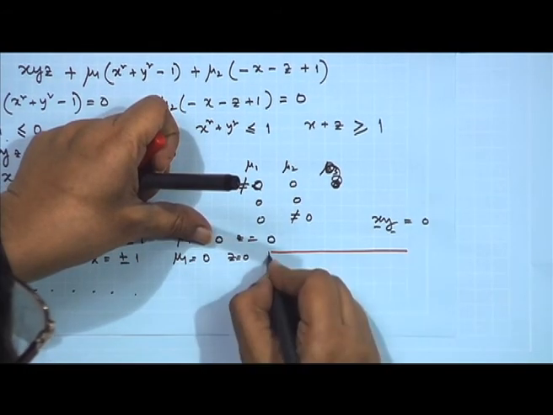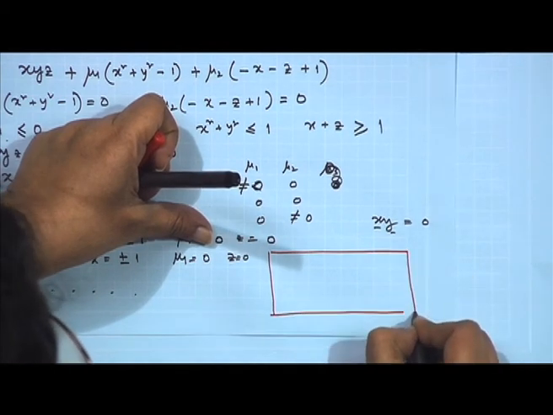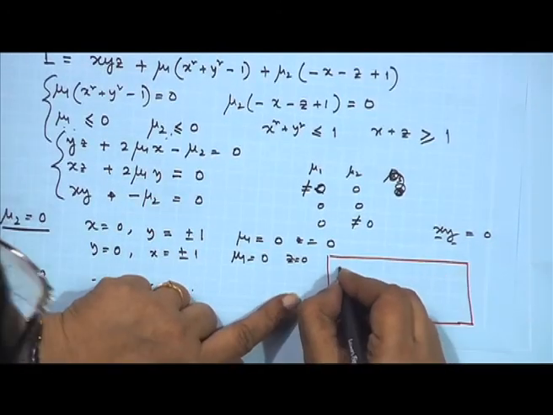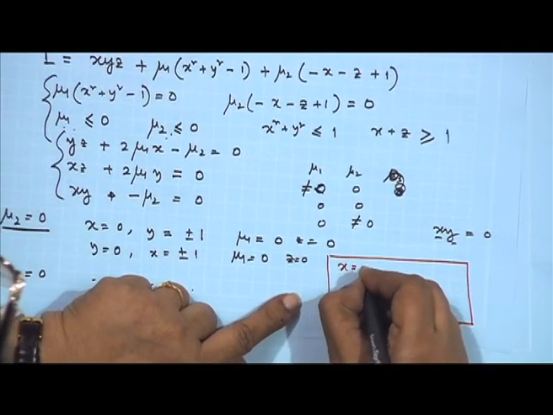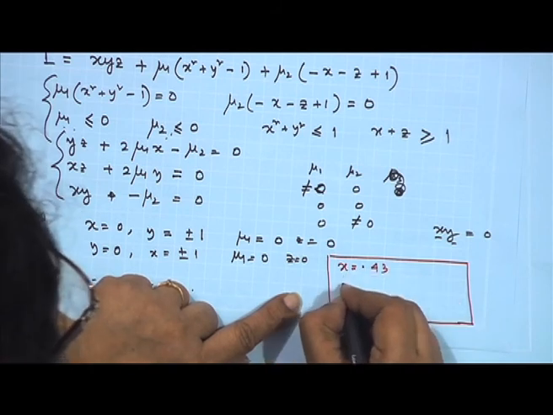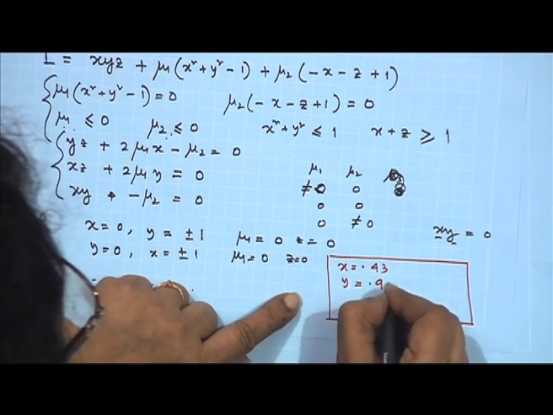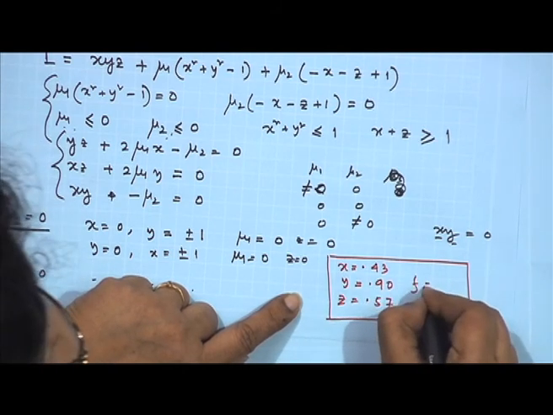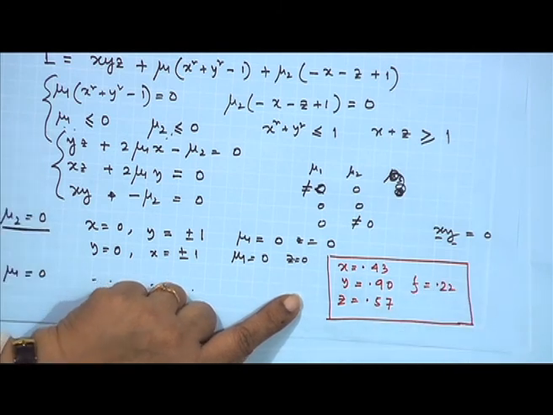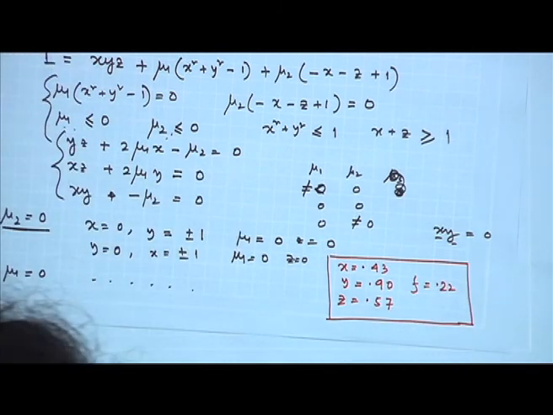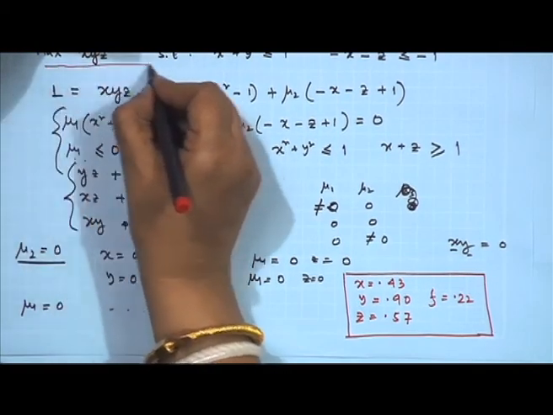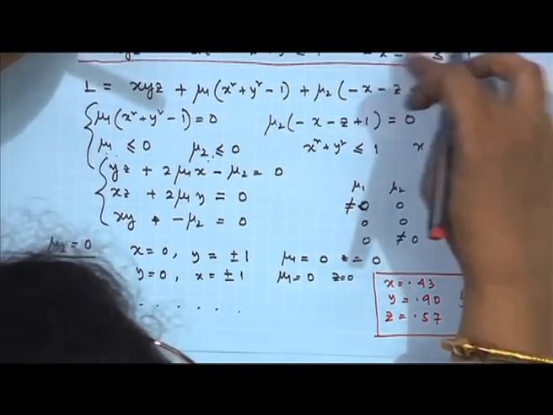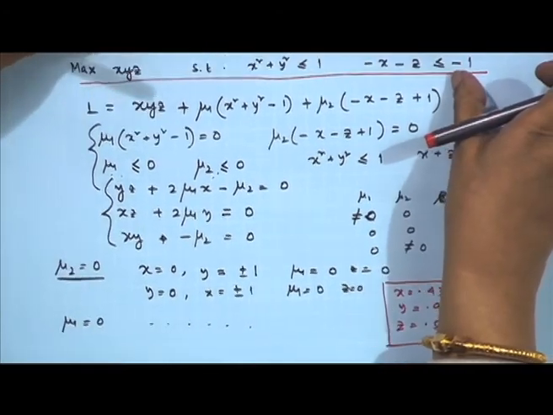You have to check with different conditions of mu 1 and mu 2, considering 0, non-zero, etc. We will get x equal to 0.43, y equal to 0.90, z equal to 0.57 and f equal to 0.22. But for the original problem there is no non-negativity condition on the decision variables.